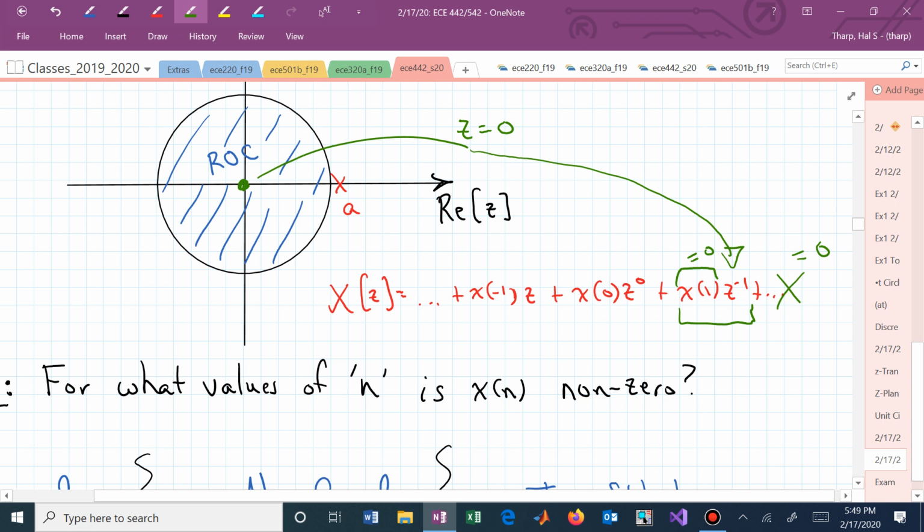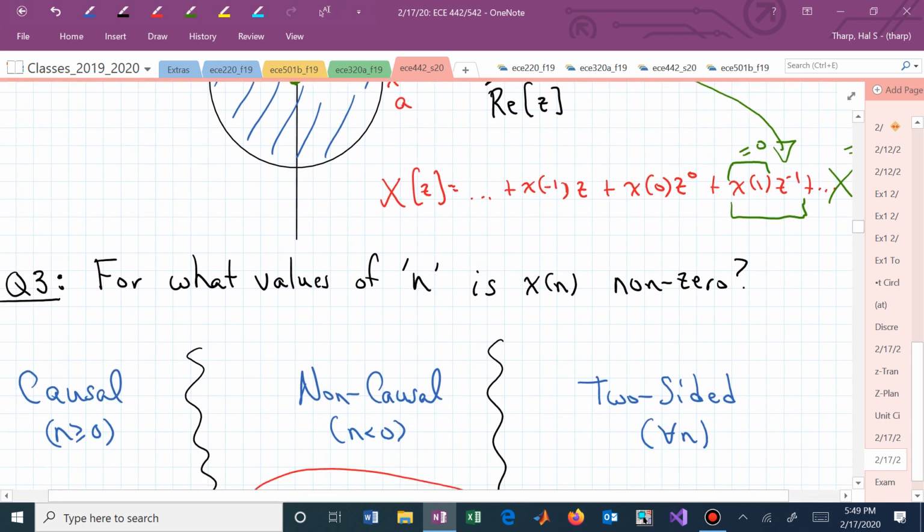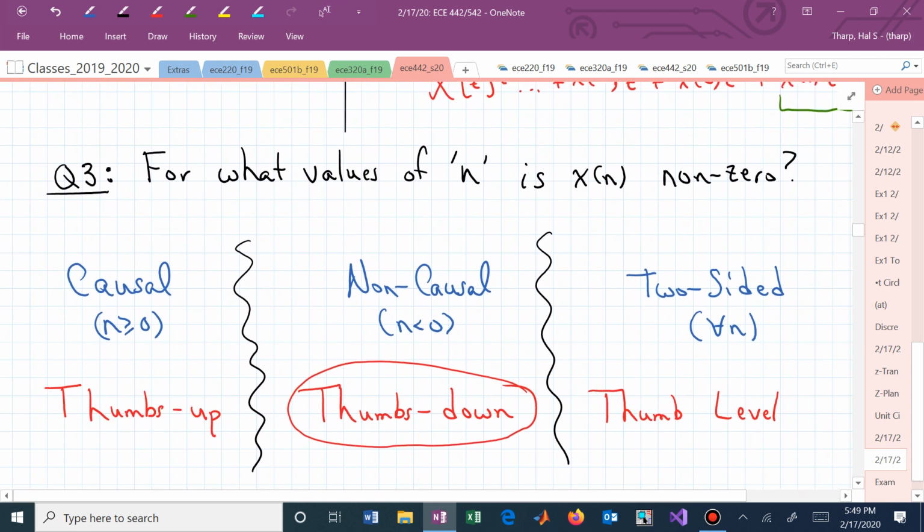That means all of your sequence values that have a positive argument or a positive time index are going to be 0. So now you have a non-causal sequence, and those are the values of n that allow x of n to be non-zero.